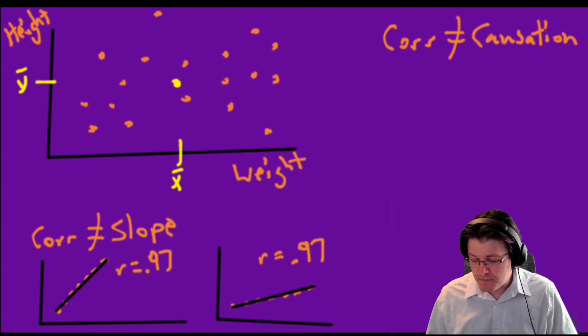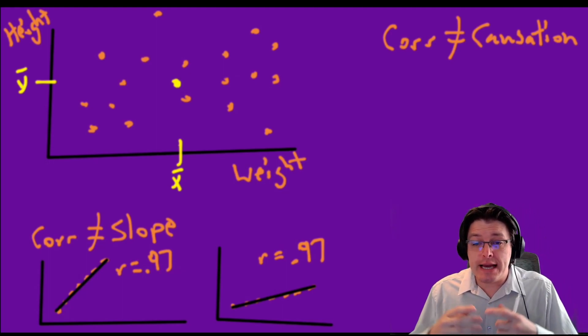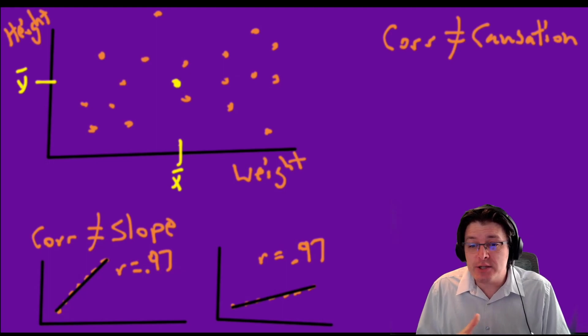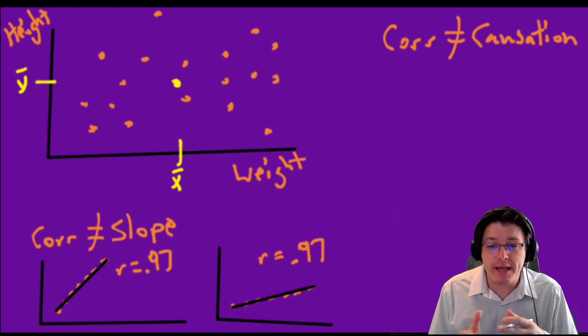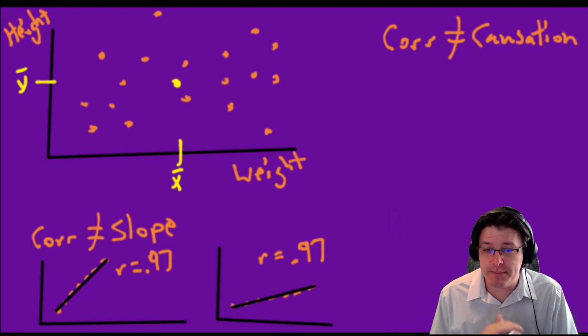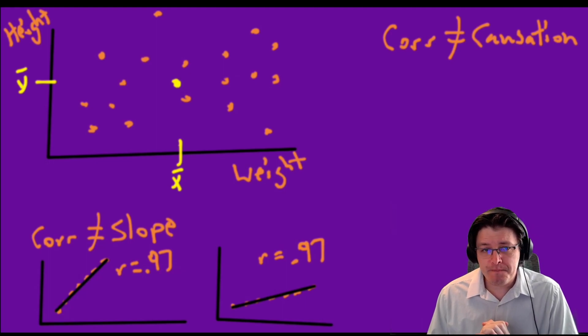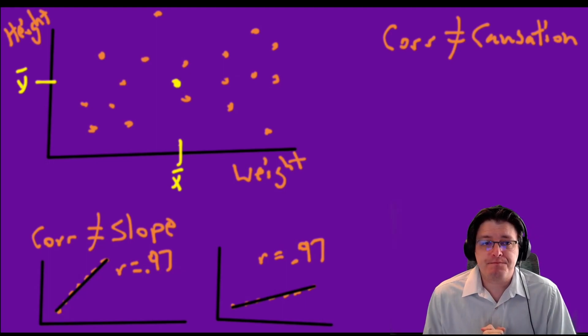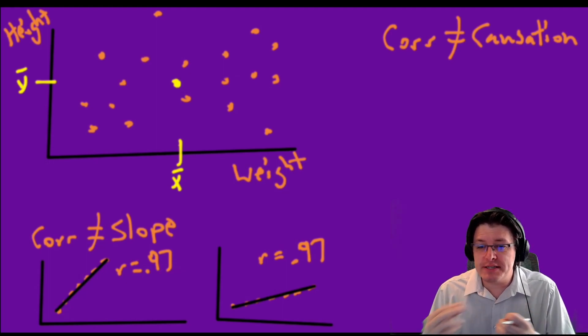So one way to think about correlation, again, is do they tend to move together? We've said as weight gets higher, so as weight increases, does height typically increase? And we've said probably that's true. And one way to break that down is to think about it relative to the mean.